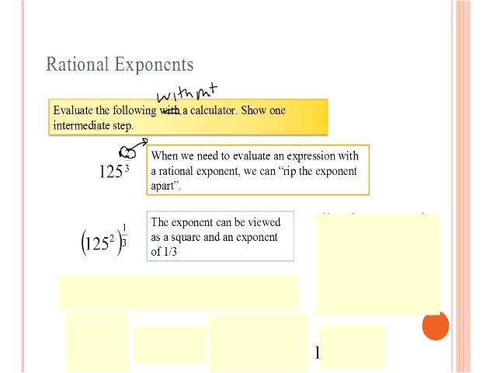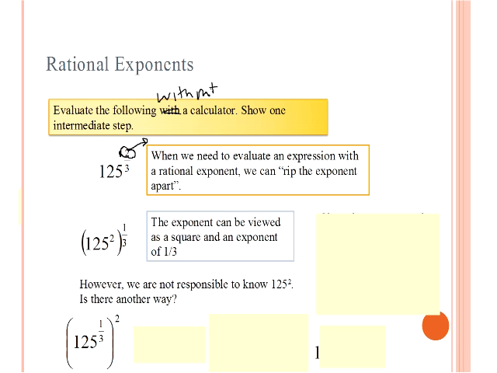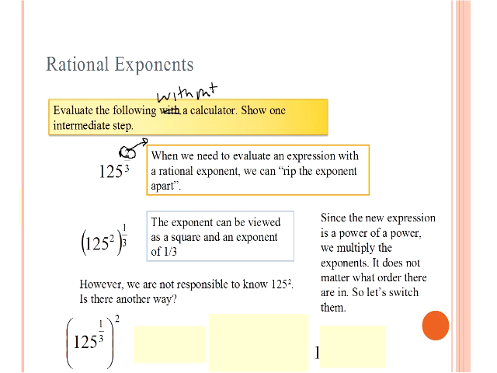And so I have 125 squared, but I'm not sure I'm supposed to know that. So I could also write this as 125 to the 1/3 then squared. And that's because these are both powers of powers, and it doesn't matter which way I multiply. 2 times 1/3, 1/3 times 2, it gives me the original 2/3.